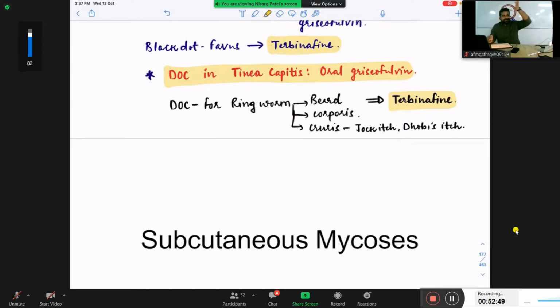As you all know, the epidermis turnover time is 28 days. So this treatment duration should always be more than 28 days, because all these drug-containing keratinocytes come to the superficial surface, and only then will the person get relieved. If you stop this medicine, you will not get fully treated. That is why these ringworms do not go away easily.